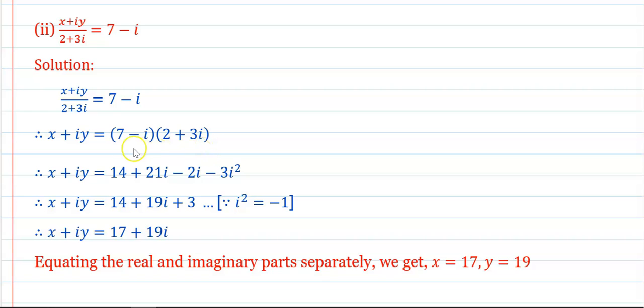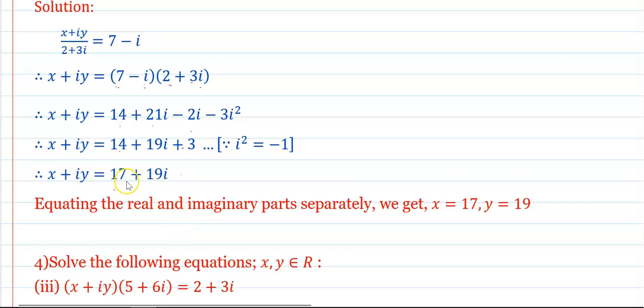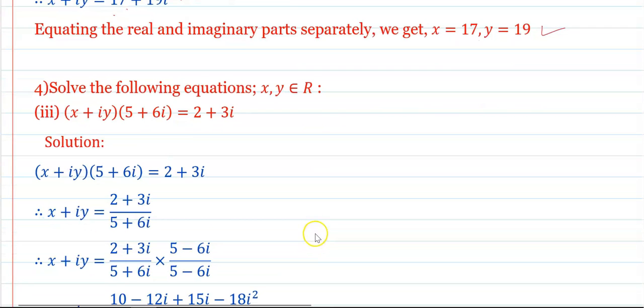Now do this multiplication. 7 into 2 you will get 14. 7 into 3, 21i, minus i into 2, minus 2i, minus i into 3i, minus 3i square. i square is minus 1, and this minus and minus will become plus. Okay, and therefore 14 plus 3, 17 plus 19i. Equate the real and imaginary part. x is equal to 17 and y is equal to 19, hence the answer.